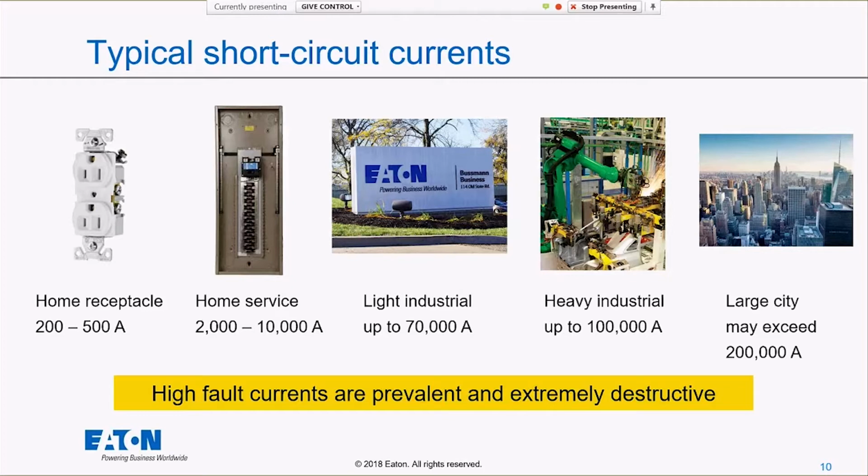I believe the typical available fault current in the downtown and center city Philly area is in the 100,000 amp range. New York City, DC, Boston, they definitely exceed that on a regular basis. But high fault currents are definitely out there, and they're extremely destructive, so we want to make sure we're protecting ourselves from them.